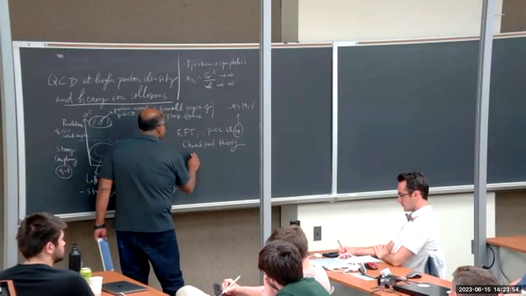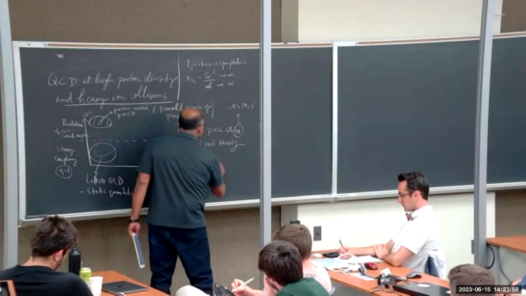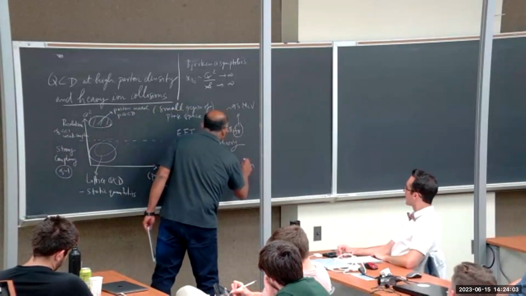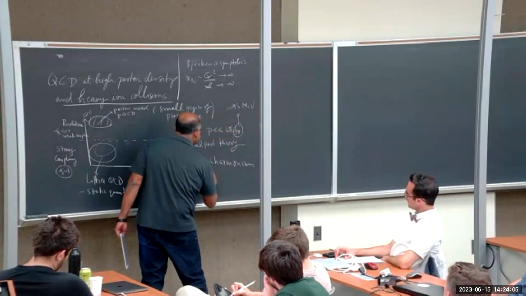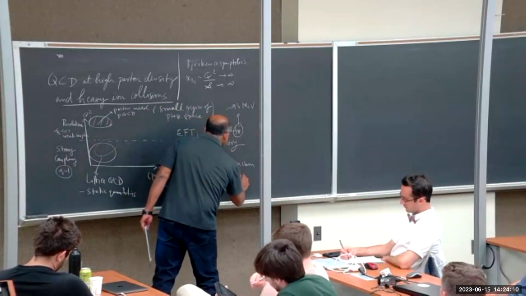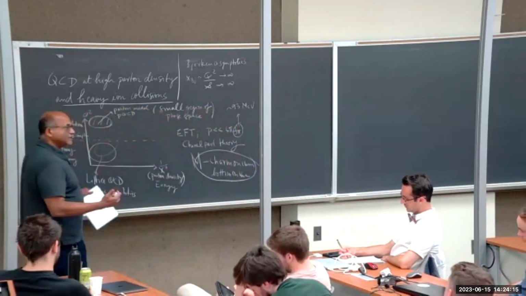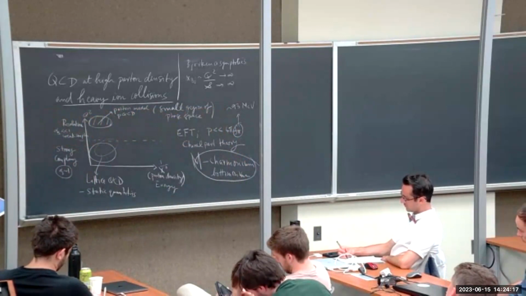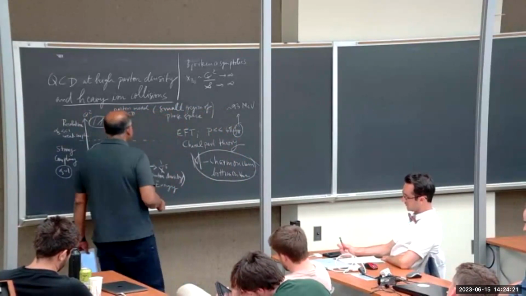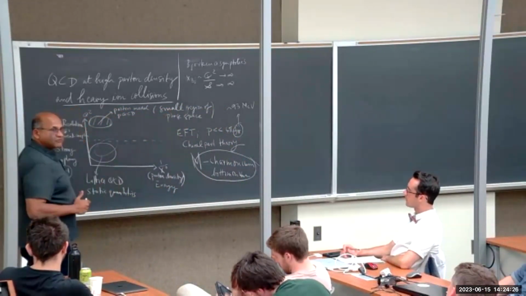When you have something like a large mass in the problem, like charmonium or bottomonium, or any heavy quark, light quark systems, you can also write down theories where you can separate short and large distance scales and compute in some systematic way. Okay, so there's a range of such things that you can do to really understand the full landscape of the strong interactions.